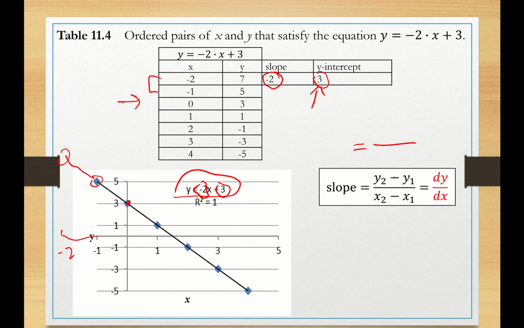So the slope is equal to y2 minus y1. Let's say y2 is 5 and y1 is 7. Now make sure you keep the pairs correctly. So x2 is -1 and x1 is -2. So minus -2. That would be -2 over 1, and that would be -2.